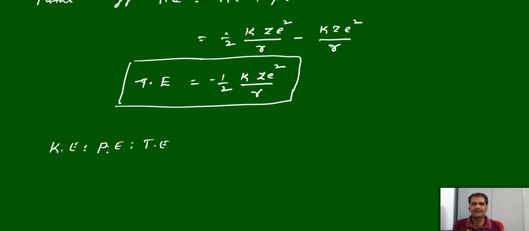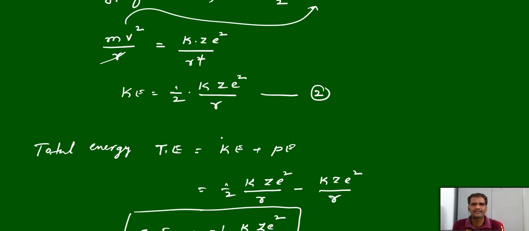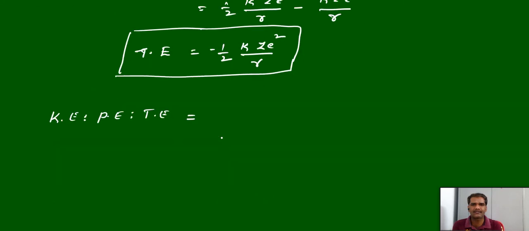If you see the ratio of kinetic, potential and total energy values, kinetic energy is 1 by 2 K Z E square by R. What is the potential energy? That is minus K Z E square by R. And what is the total energy?